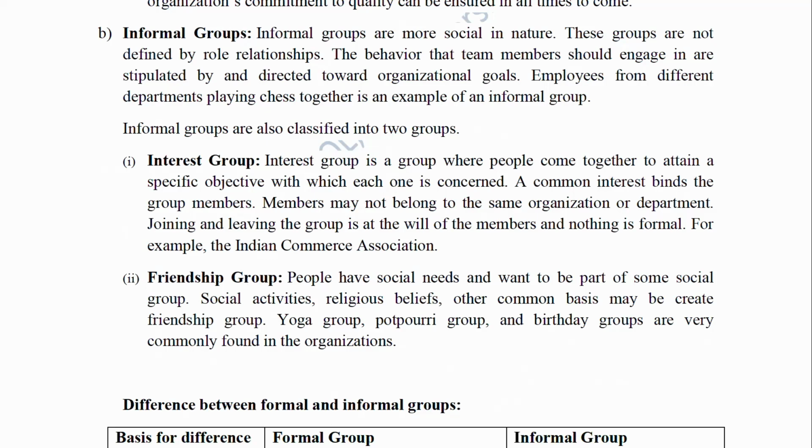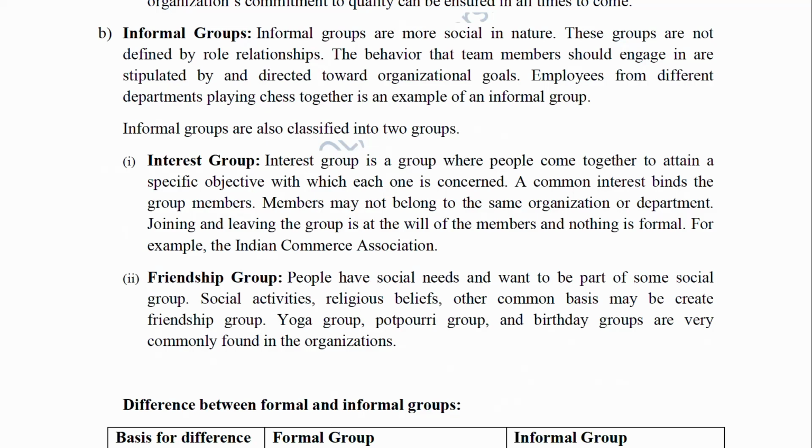Interest group. An interest group is a group where people come together to attain a specific objective with which each one is concerned. A common interest binds the group members. Members may not belong to the same organization or department. Joining or leaving the group is at the will of the members and nothing is formal.